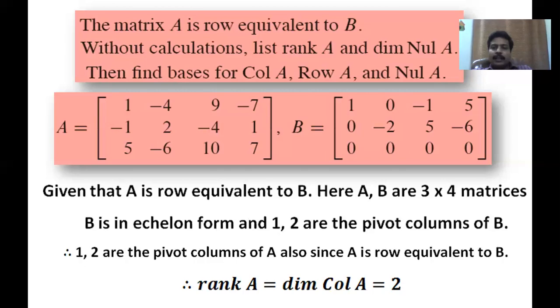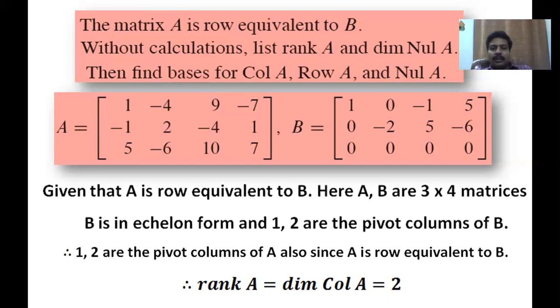So we can say that dimension of column space A is equal to 2. We know that pivot columns form a basis for column space A. So in the basis of column space A, there will be only two vectors. So dimension of column space A is 2. We know from the definition that rank A is nothing but dimension of column space A. Therefore, rank A is equal to 2.